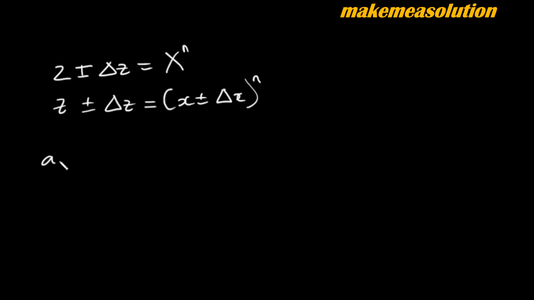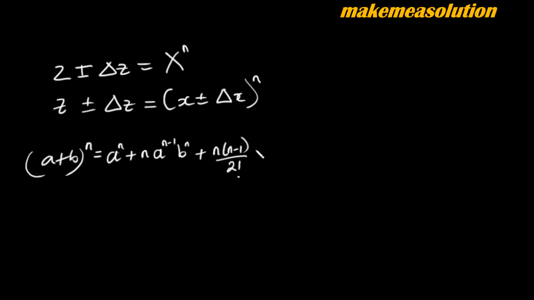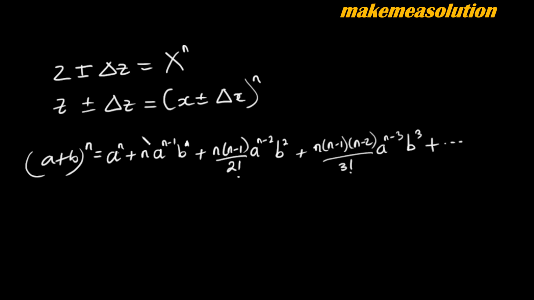I remember that (a plus b) raised to the power of n is given by a to the power of n, plus n a to the n minus 1 times b, plus n(n minus 1) over 2 factorial times a to the n minus 2 times b squared, plus n(n minus 1)(n minus 2) over 3 factorial times a to the n minus 3 times b cubed, plus dot dot dot. So this is the binomial theorem I'm going to use.